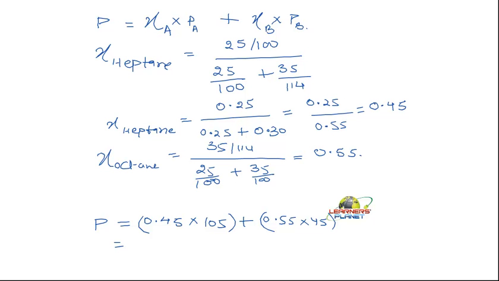Now this will give you your total pressure. So you need to do 0.45 multiplied by 105, that is 47.25, plus 0.55 multiplied by 45, and that is 24.75, and that comes out to be 72 kilopascals.